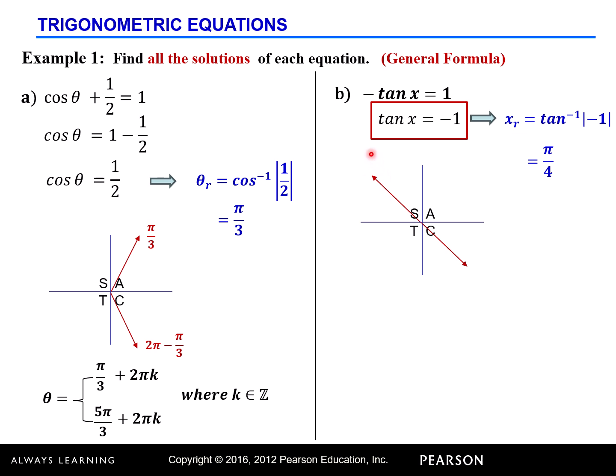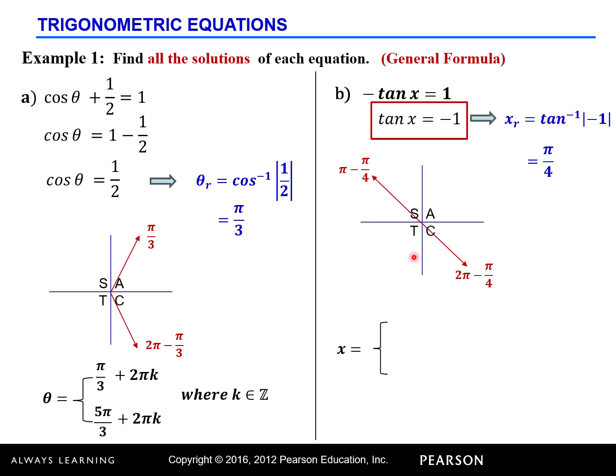In the second quadrant, since the angle here is less than pi, the angle must be pi minus the reference angle, which is pi over 4. So pi minus pi over 4. And then in the fourth quadrant, since the angle here is less than 2 pi, it's 2 pi minus the reference angle, which is 2 pi minus pi over 4.